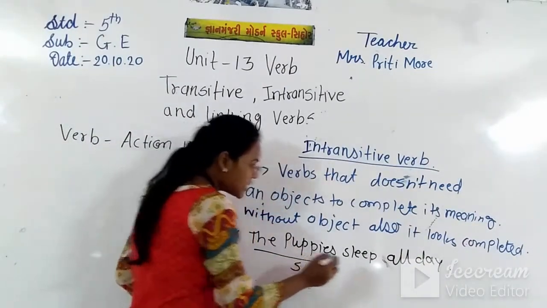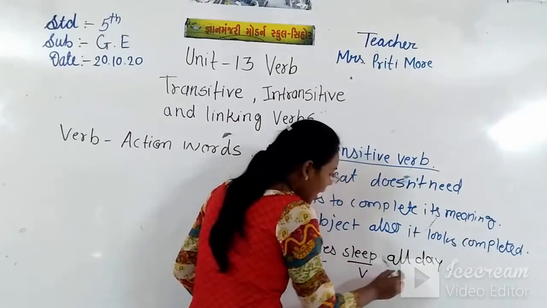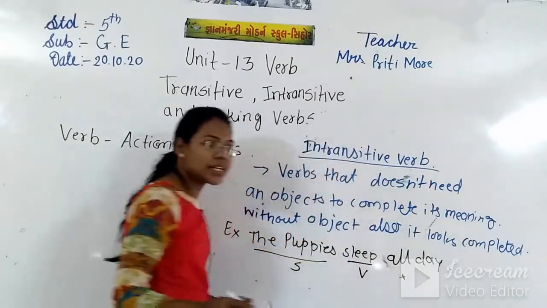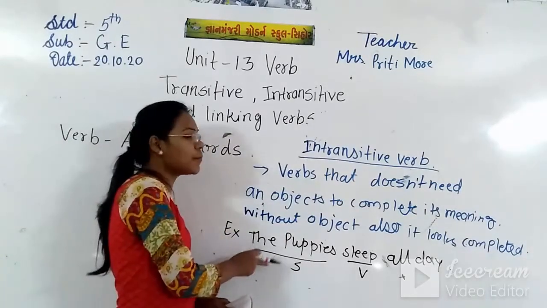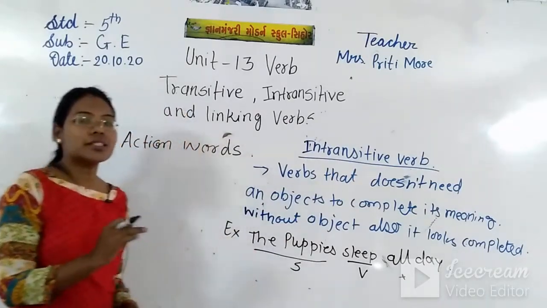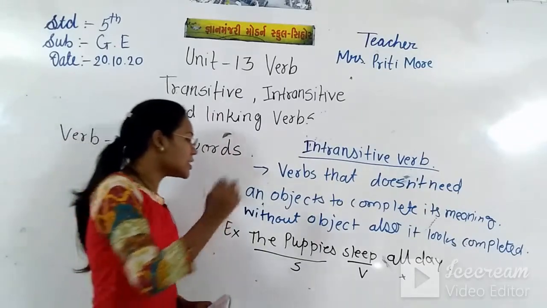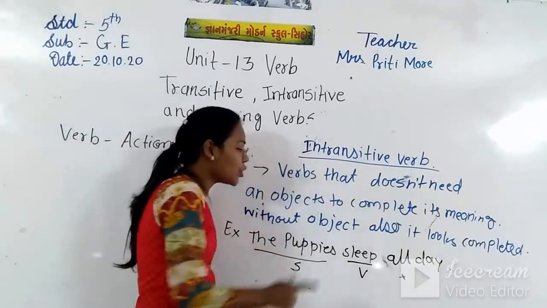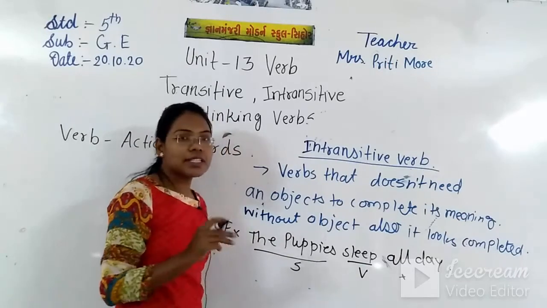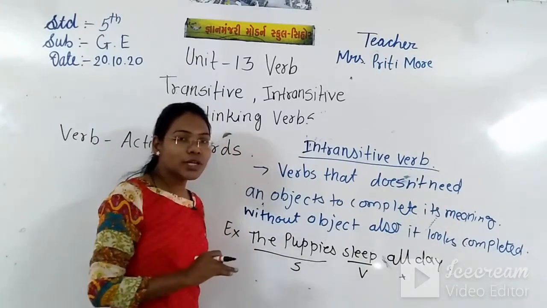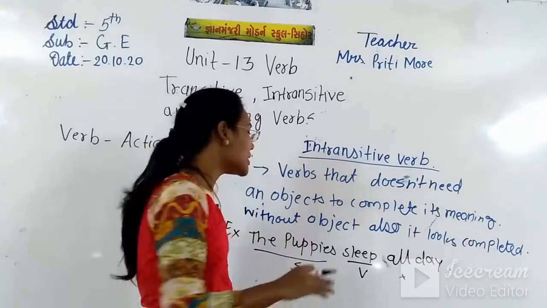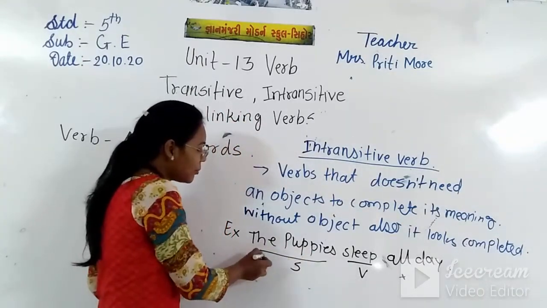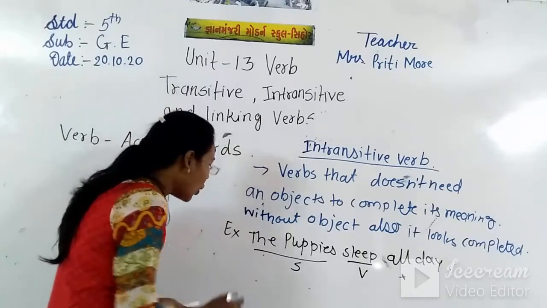This is the subject, this is verb, and there is no object in this sentence, but then also the sentence is completed. That means this is intransitive verb. Intransitive verb doesn't need object. There is no need of object to complete the meaning. Without object also this is looking completed. The puppies sleep all day.